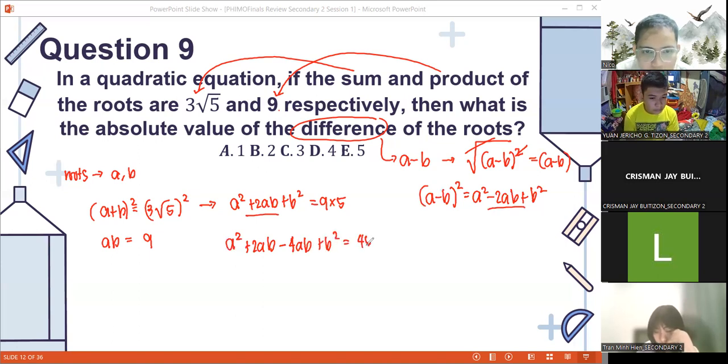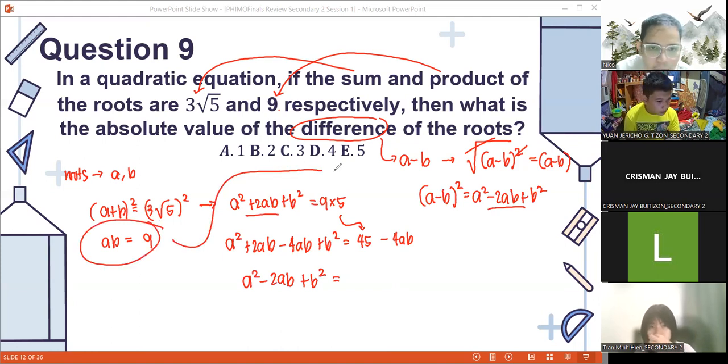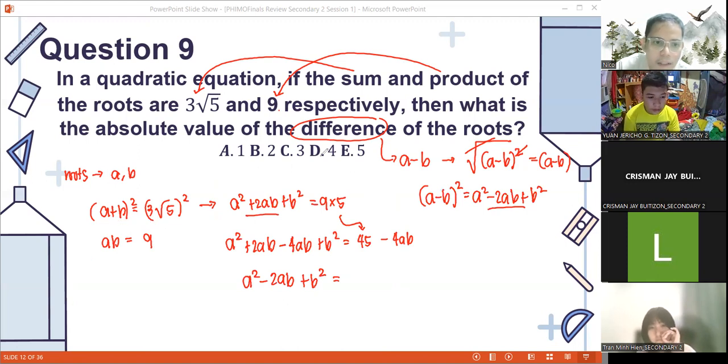Then this is 45 minus 4ab, right? Now this becomes a squared minus 2ab plus b squared, and don't forget, the ab value here is equal to 9.